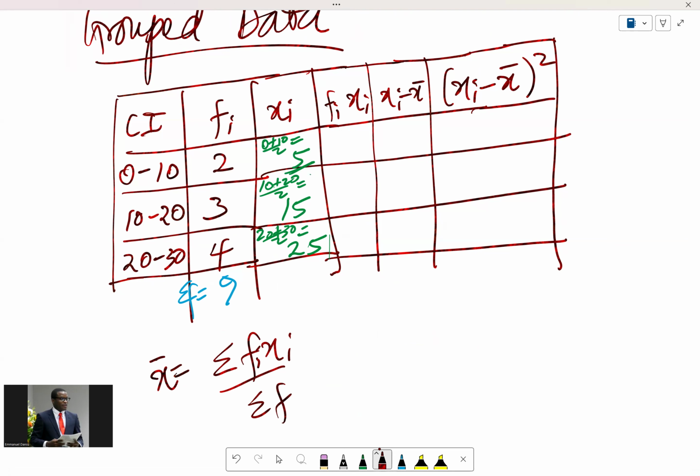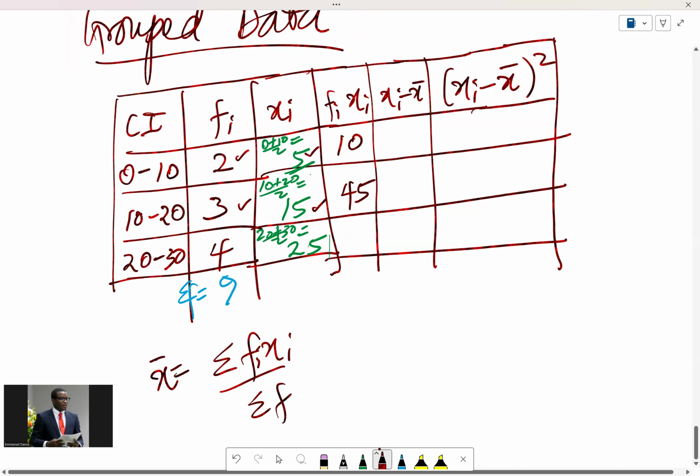So here now we have fi xi. That is 2 times 5, 10, 3 times 15, 45. And then 4 times 25, that's 100. So that summation of fi xi will be the summation of all of this. 10 plus 45 is 55, 55 plus 100 is 155.